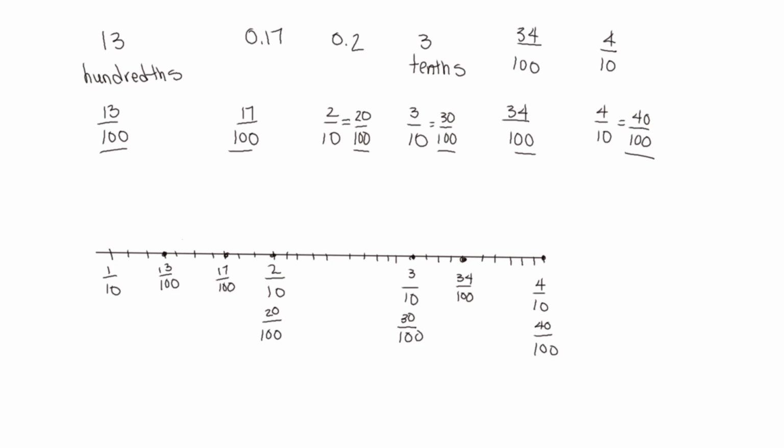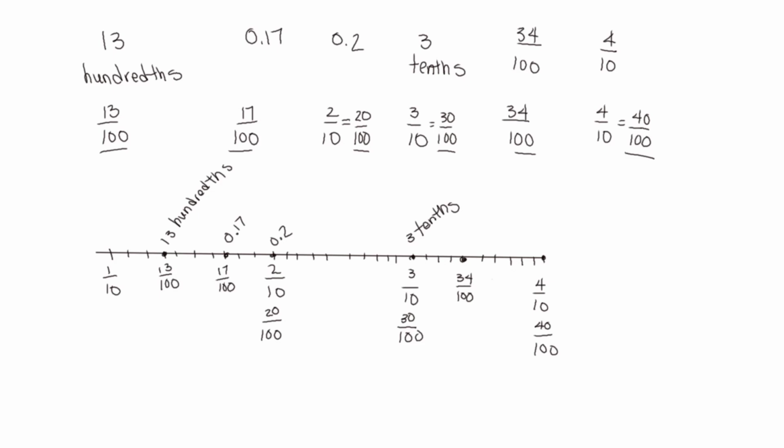Then we can also go back in and write in what their original units were. 13 hundredths we originally had in unit form. And 17 hundredths was in decimal form. 2/10ths was in decimal form. 3/10ths was in unit form.